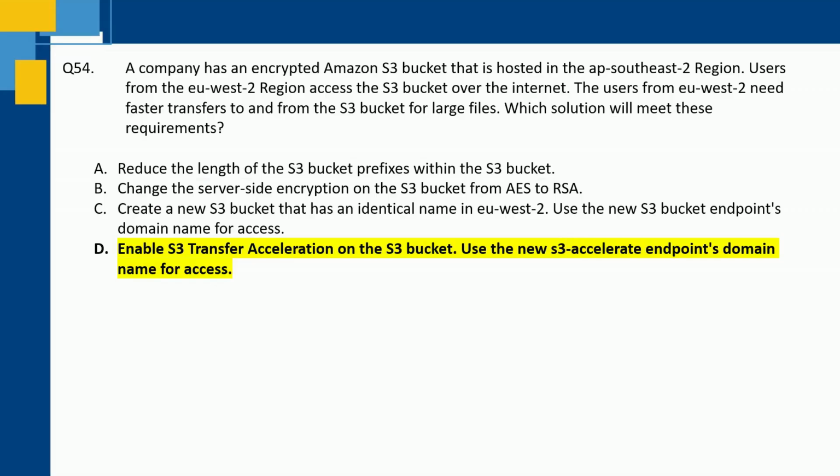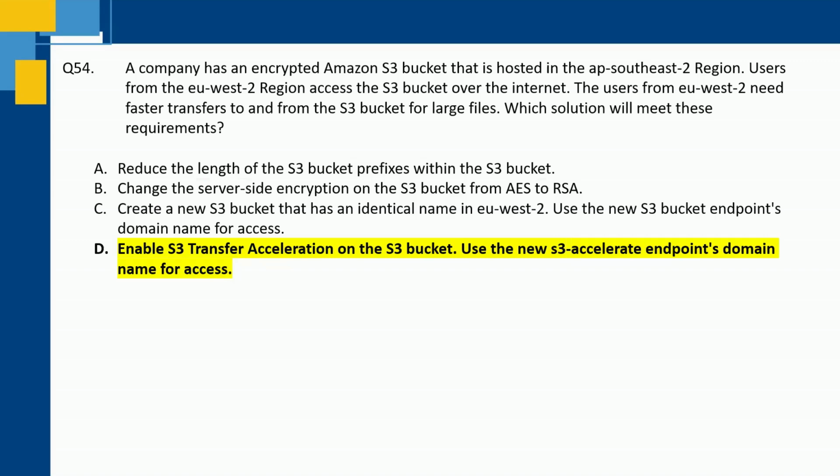Now, Amazon S3 transfer acceleration leverages Amazon CloudFront's globally distributed edge locations, and data is routed over AWS optimized network backbone to the bucket's region, reducing latency for long distance uploads or downloads. Users in London will connect to the nearest edge location, and AWS carries the data across its backbone to Sydney.